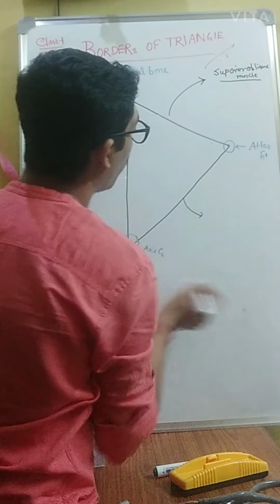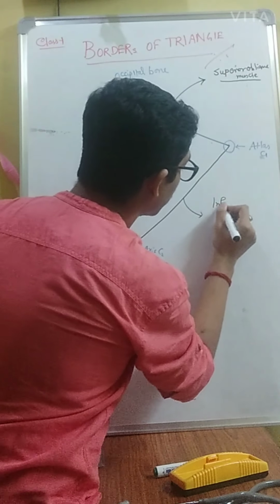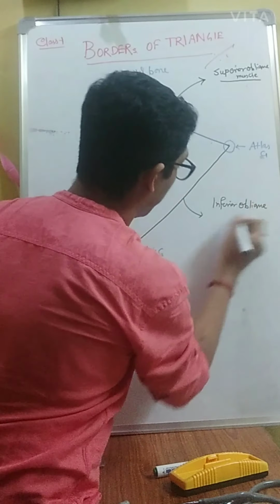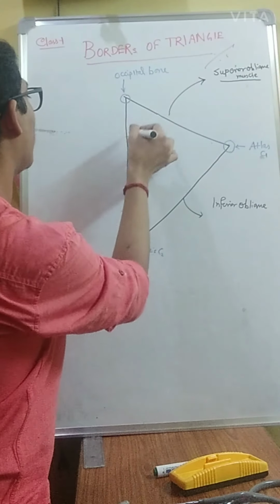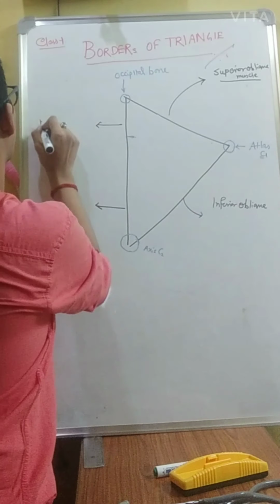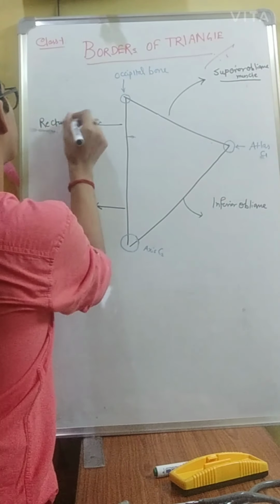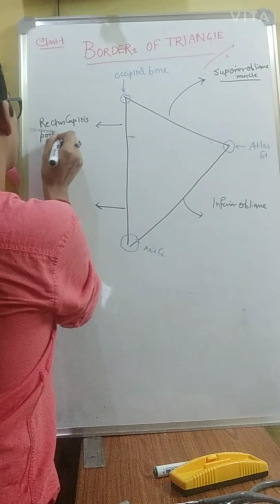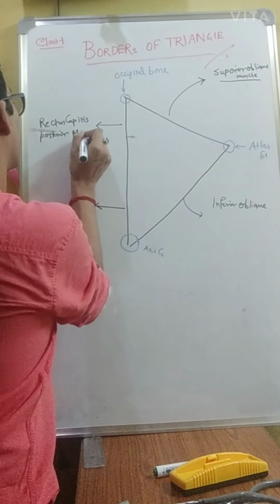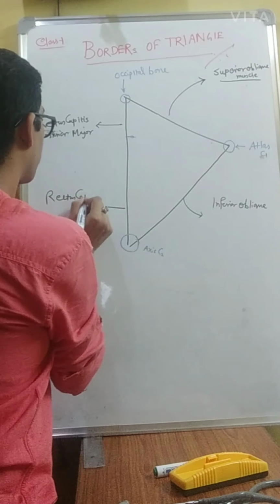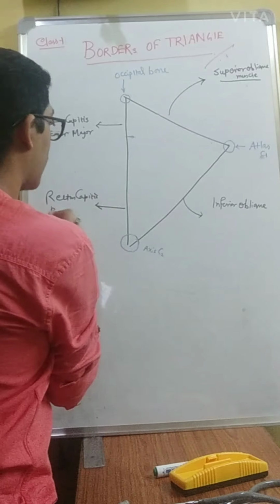This border is formed by the inferior oblique muscle. Now these borders are formed by two muscles, rectus capitis posterior major and rectus capitis posterior minor.